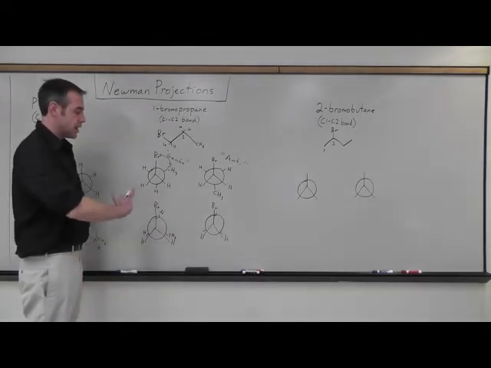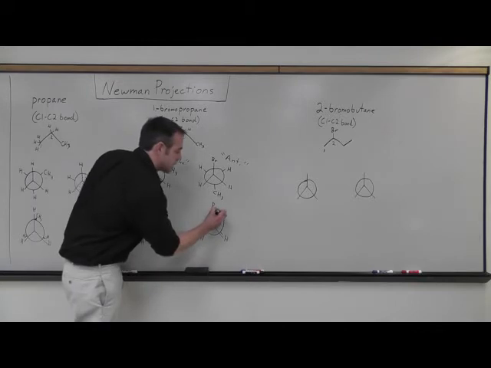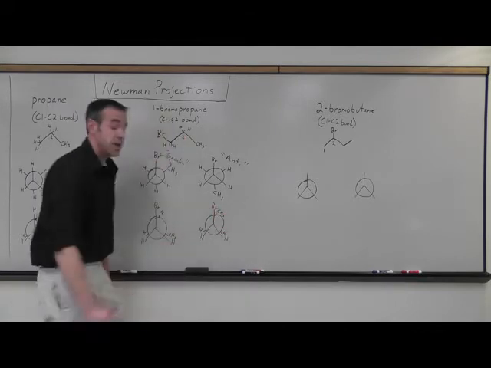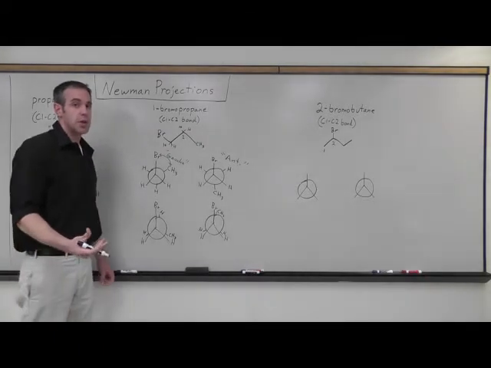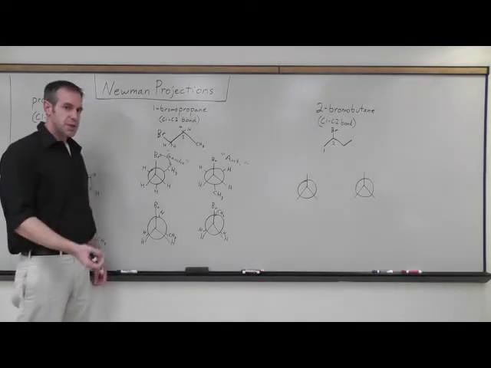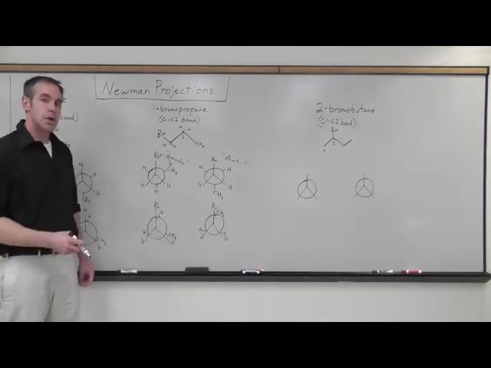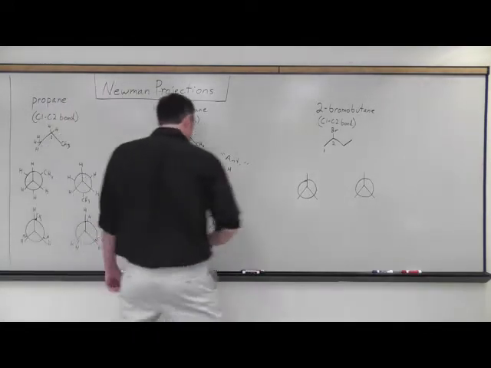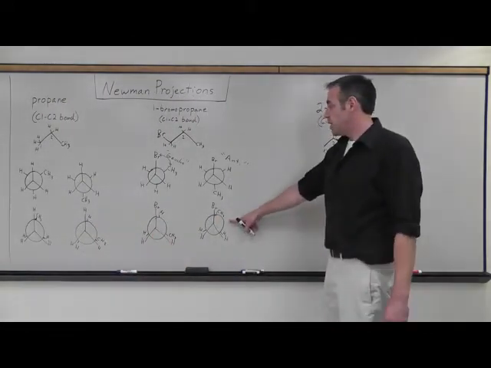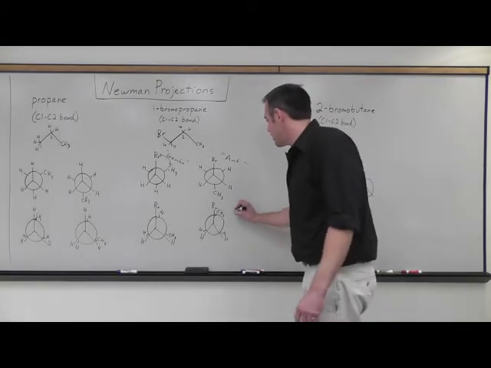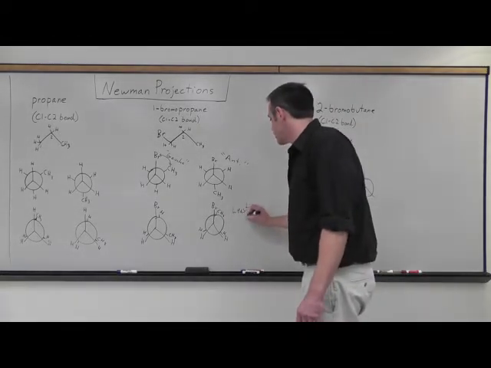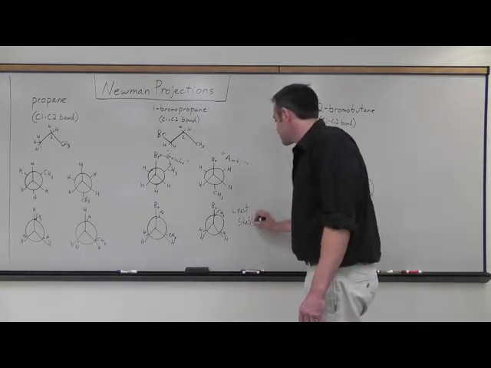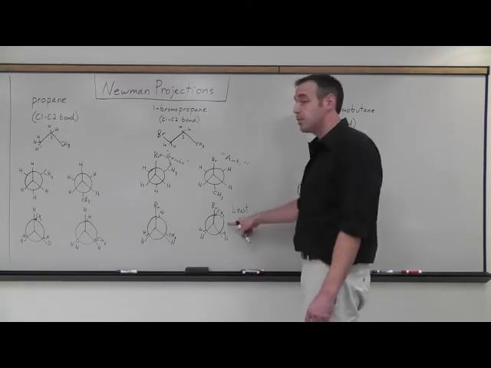Or if we rotate that wheel, there's the possibility where the 2 largest groups, the bromine and the methyl group, are eclipsing one another. And this will be the worst situation for the molecule, so this would be our least stable conformation.